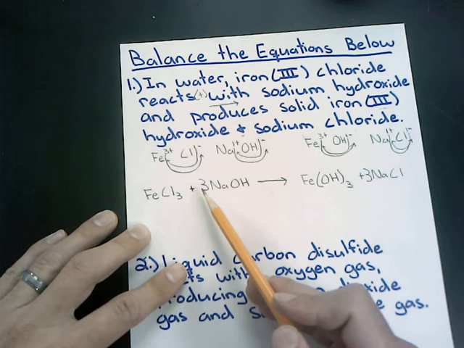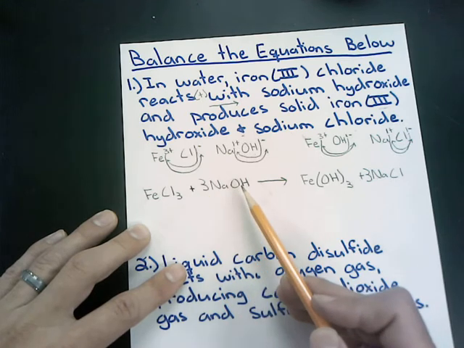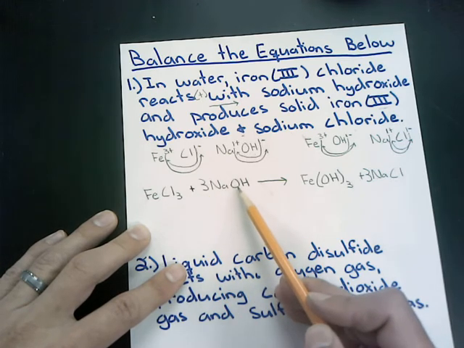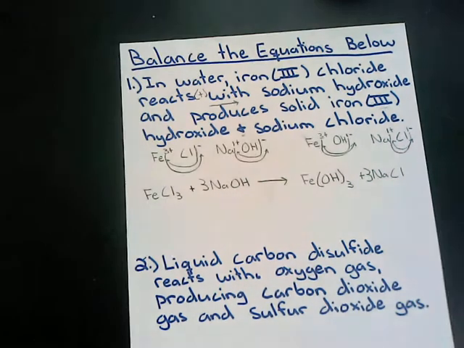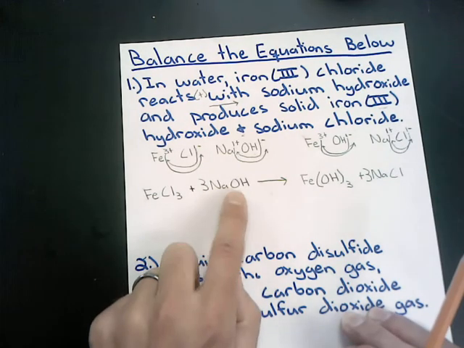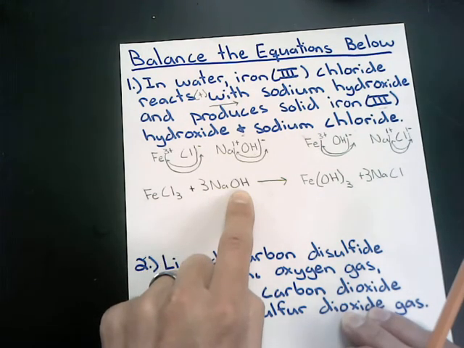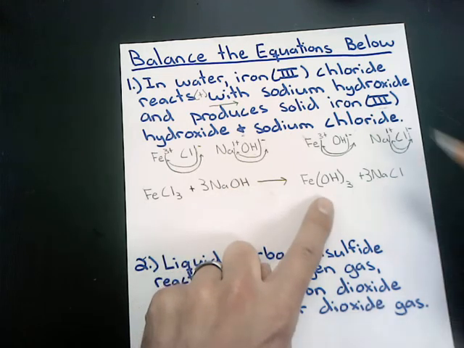Now what this 3 also does is it applies that to 3 times 1, so 3 O's and 3 H's as well. So we move on here. 3 times 1 is still 3, so that means we have 3 oxygens over here, and we got to be careful.